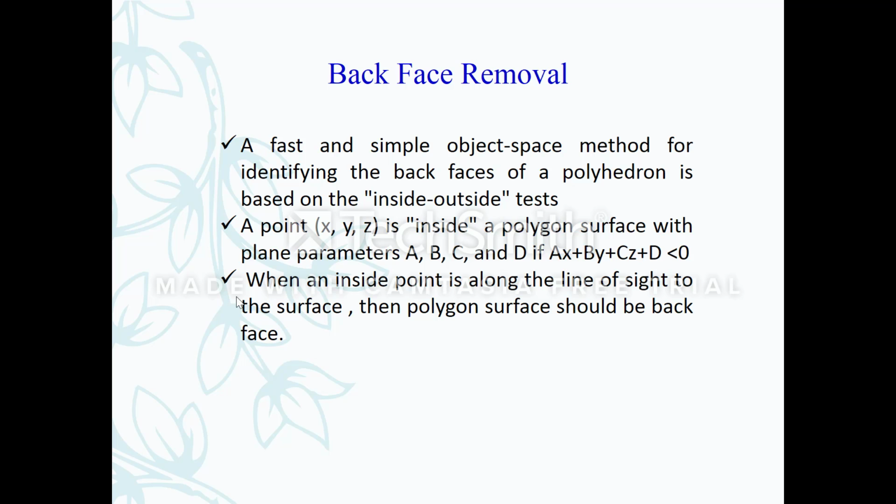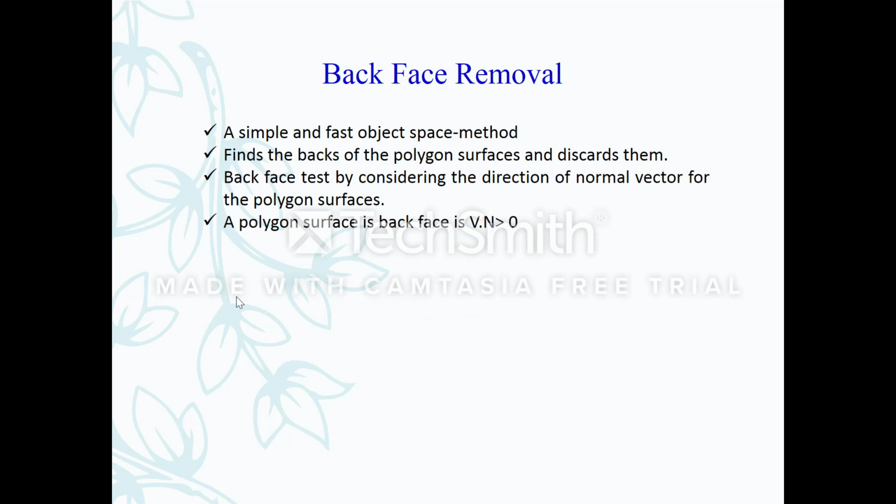A point (x, y, z) is inside a polygon if, let's say the plane has A, B, C, D as its plane parameters, then Ax + By + Cz + D < 0. Then the point is said to be inside the polygon. When an inside point is along the line of sight to the surface, then the polygon surface should be a backface. I'll explain this clearly with an example in the later slides.